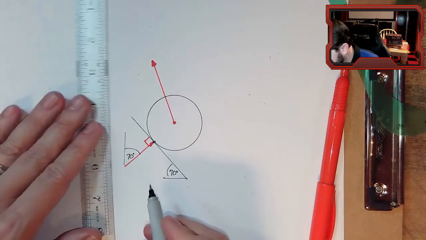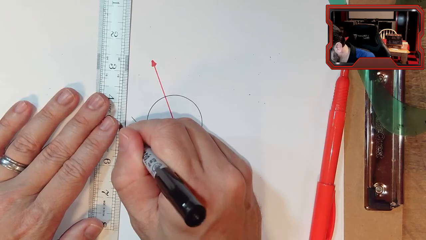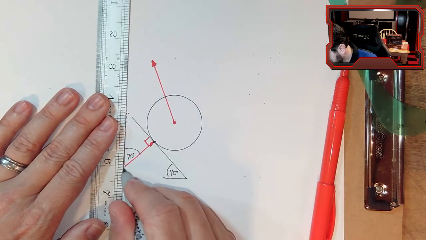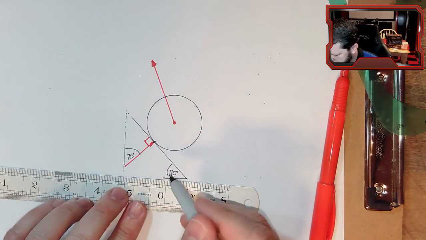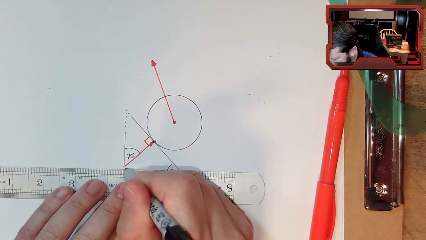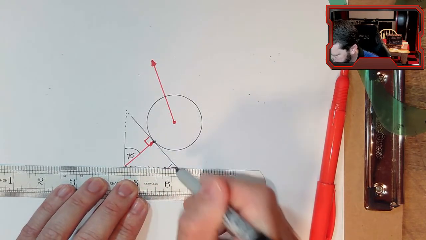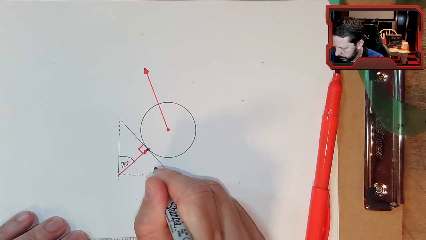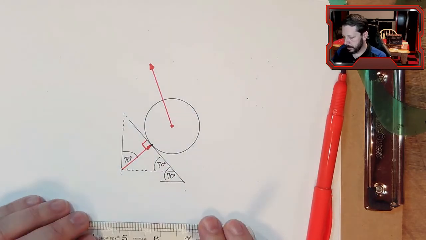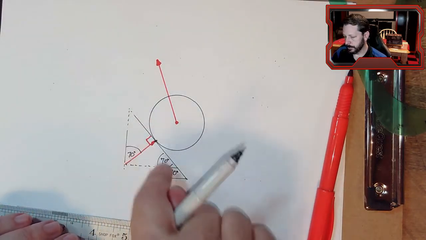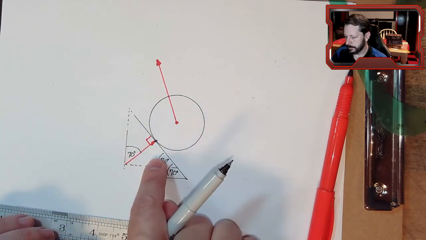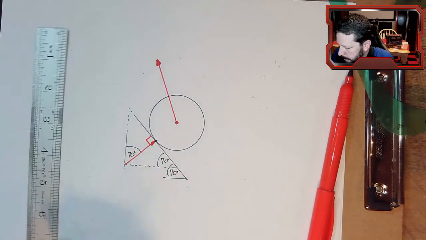You can start to see it if you finish out the triangle. I missed drawing things accurately, but let's draw it there. I end up with similar triangles right there. That triangle is similar to that triangle.